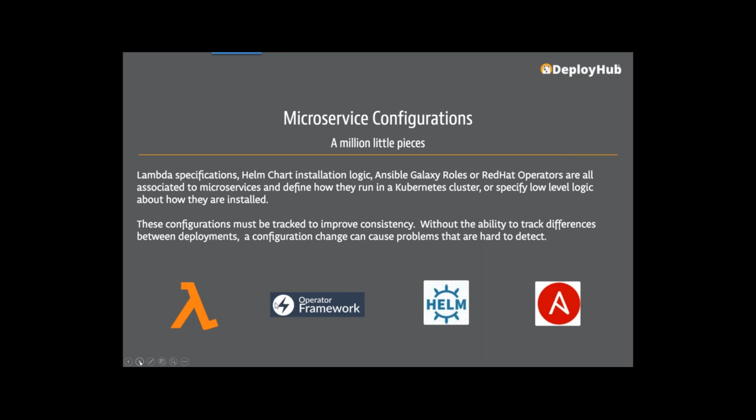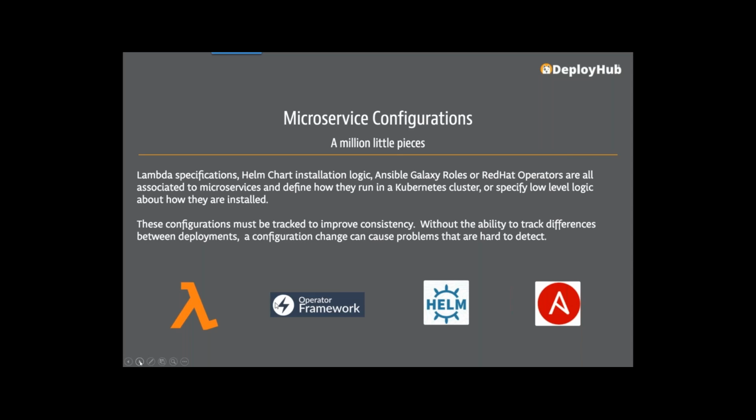If these configurations aren't tracked, it can become problematic because they can cause issues, and these issues can be really hard to detect. So there's going to have to be a way to do comparisons between the configurations for a microservice as well as the microservice itself. So when suddenly there's a degradation in the performance of your application and you're not sure why, you have a way to do comparisons.